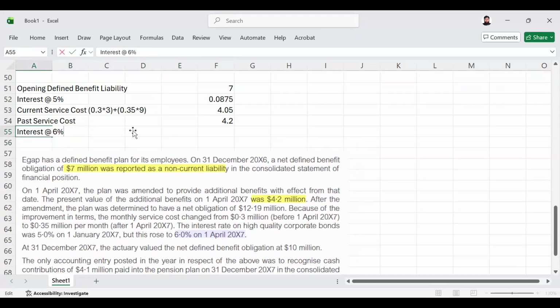Since past service costs arise during the year, it is 7 plus 4.2. This is multiplied by 6%, multiplied by 9/12. So 0.504.